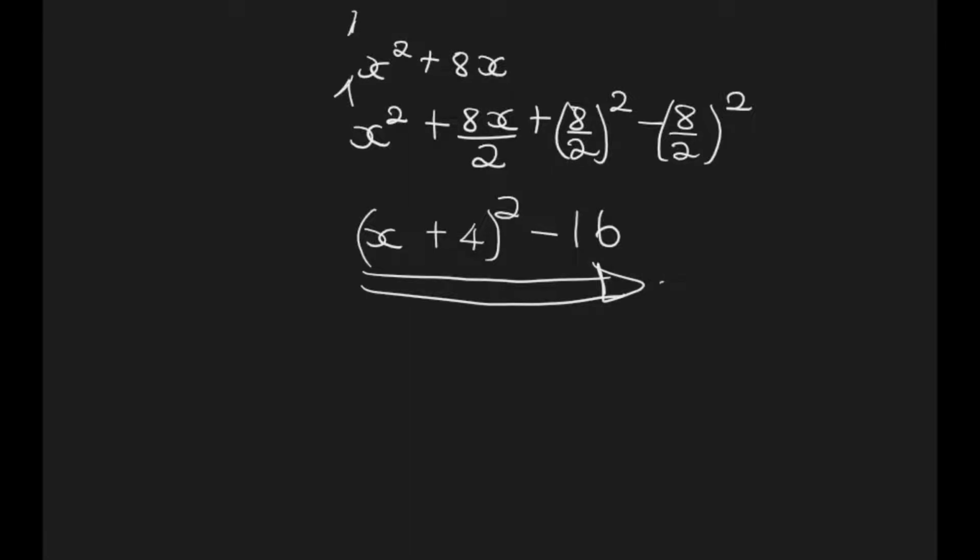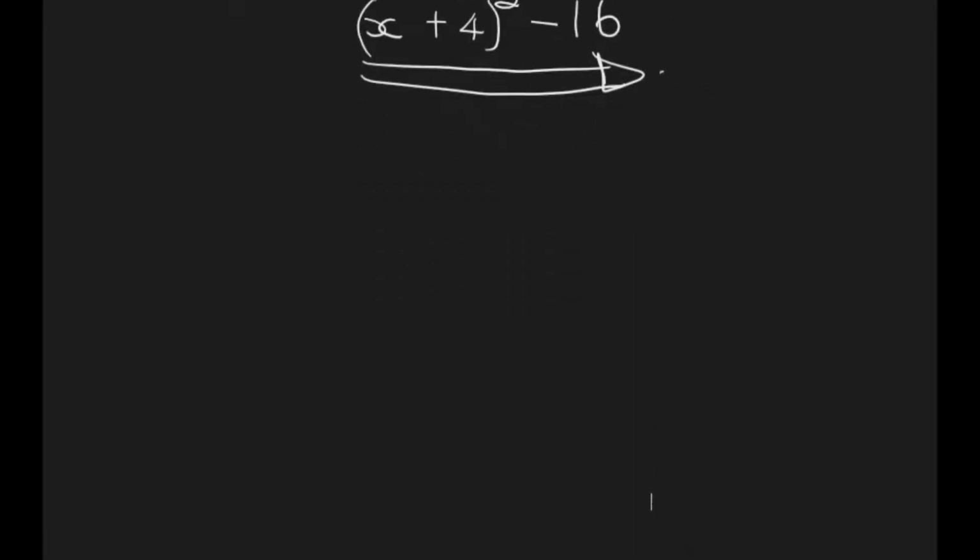Okay, now let's move on to the second question. The second question requires us to complete the square of x squared minus 3x. So the first thing again is to just write the x squared that you are given. Because the coefficient of x squared is 1, we just write the x squared.